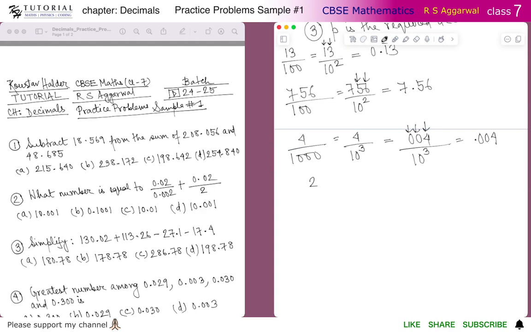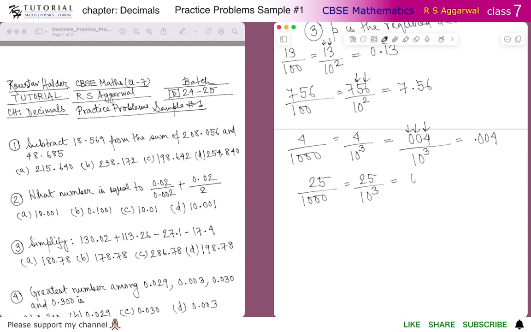Let's check another example. Let's say 25 by 1000. This is 25 by 10 to the power 3, and we see there are 2 digits in the numerator, which is less than 3. So we add zeros to the left of the numerator so that the total number of digits in the numerator becomes equal to 3.